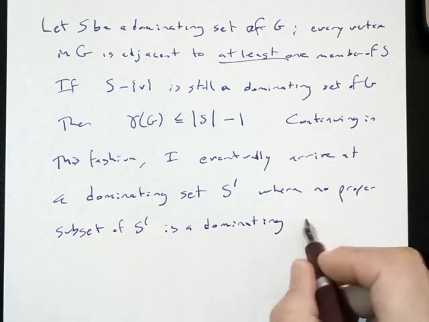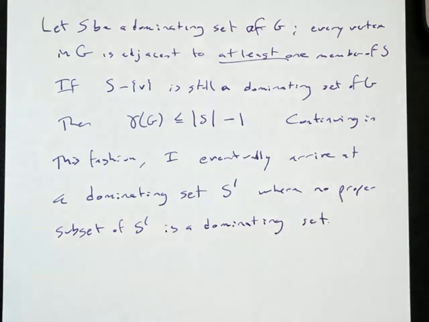Now that really sounds familiar. That sounds familiar. Keep throwing things out until I get a set where no proper subset has the same property. Where else did we use this? I've seen this before.